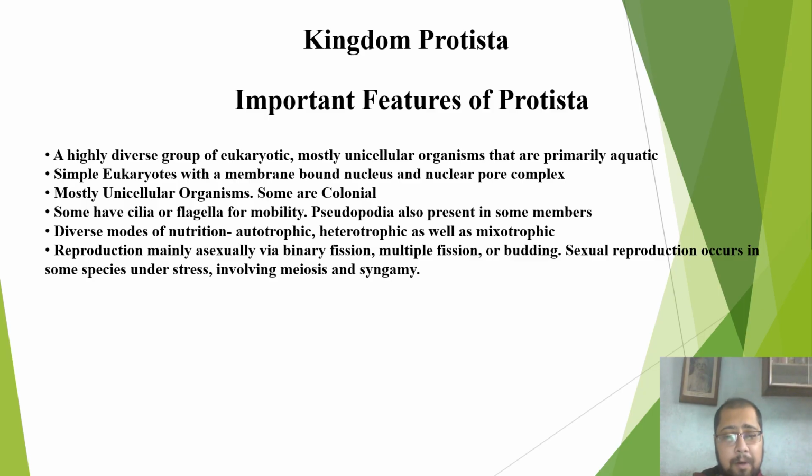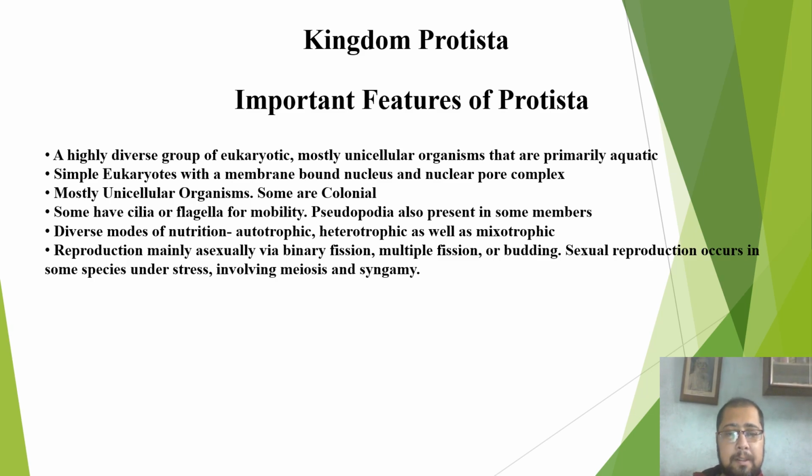They have diverse modes of nutrition, that is, they may have autotrophic or heterotrophic modes of nutrition, as well as mixotrophic mode of nutrition, encompassing both autotrophic and heterotrophic modes. So they might be autotrophic, heterotrophic, as well as mixotrophic.